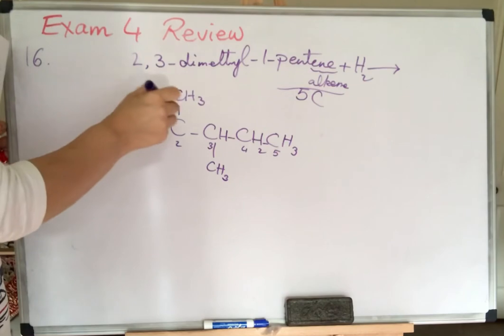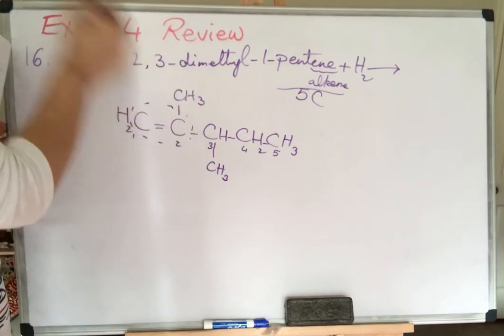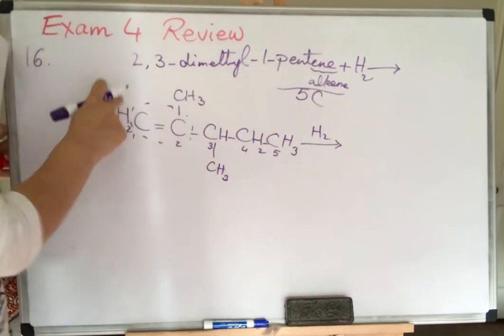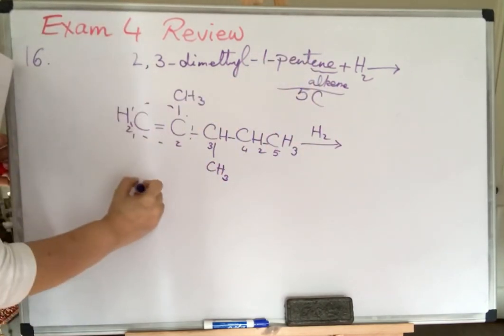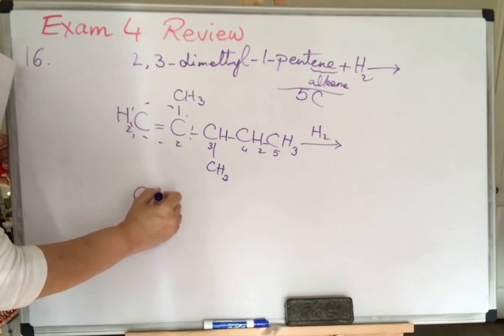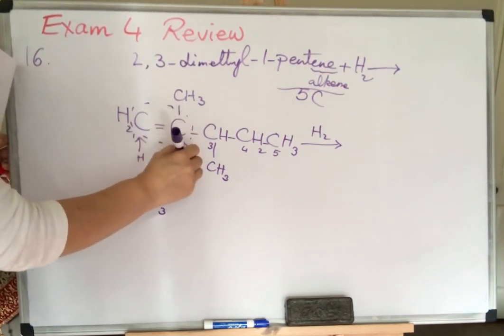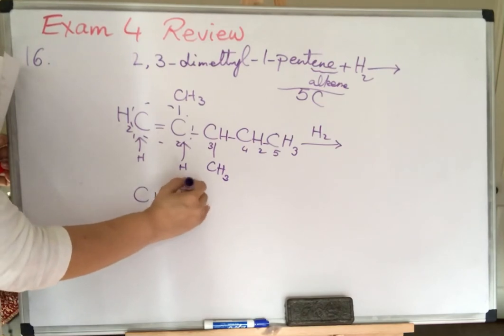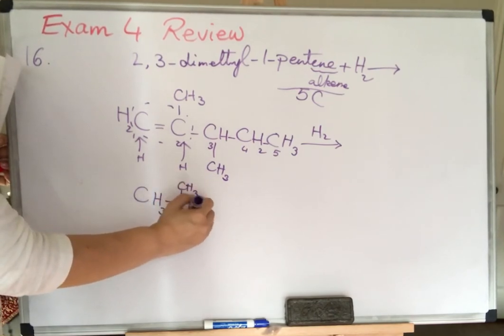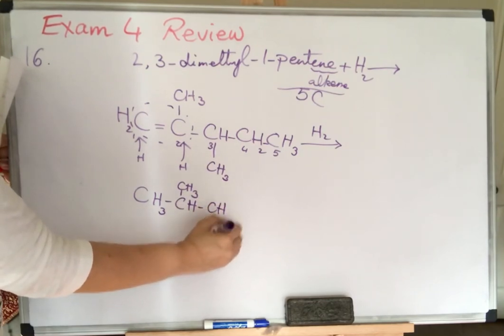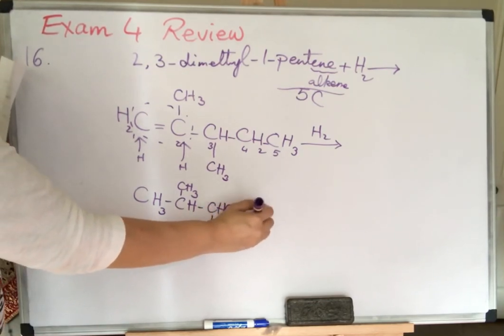So it seems like the hydrogens are going to be added to this side. H2, 1 hydrogen atom to this carbon, 1 hydrogen atom to this carbon. So you will have CH3 instead of CH2, you have 1 hydrogen here and 1 hydrogen here. And then CH3, CH, and the rest is the same. CH3, CH2, CH3.